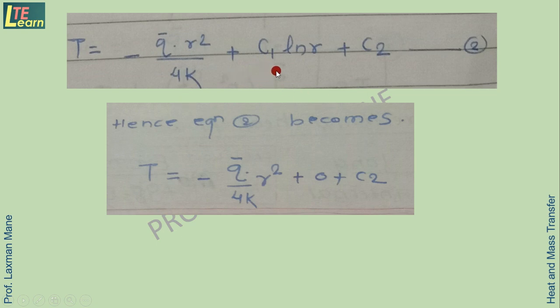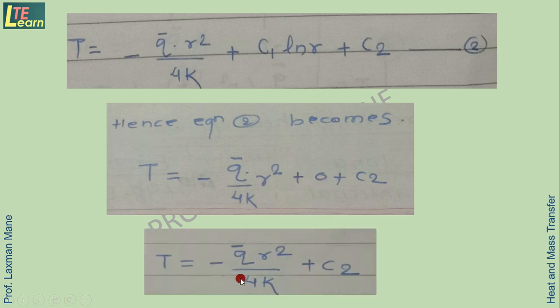Now equation 2 becomes, by putting C1 equal to 0, this total term becomes 0. Here we have written it. So from this equation we find this equation.